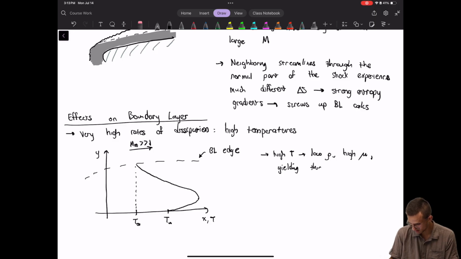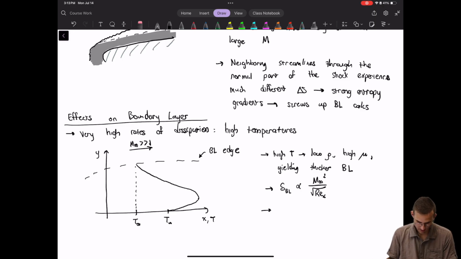The resultant scaling looks like this: delta BL, the thickness of the boundary layer, is proportional to the free stream Mach number squared divided by the square root of the Reynolds number along the surface in that direction.